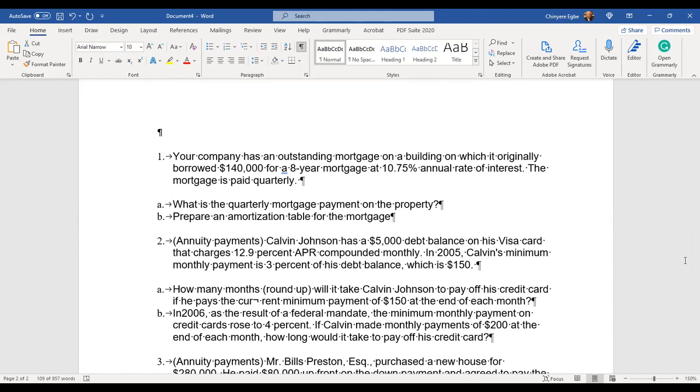Here, this is an application of time value of money. This new problem is a present value problem. So you are going to calculate the present value of an amount, in the sense that you have now received a sum of money today.